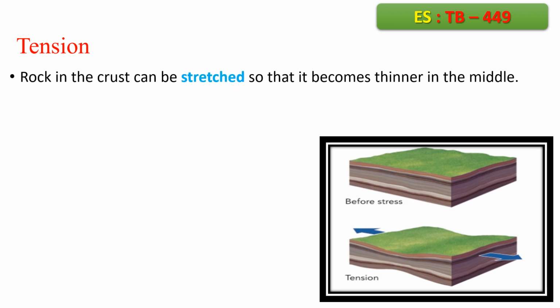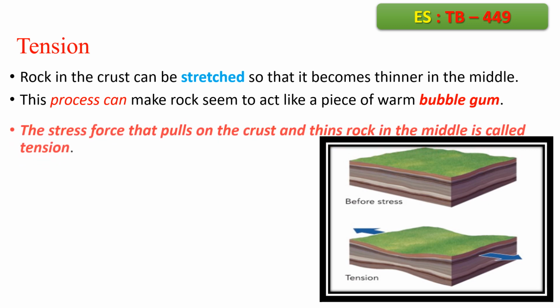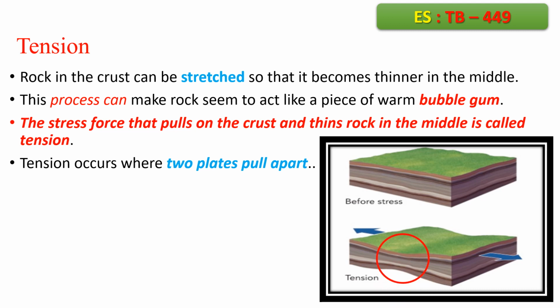Rock in the crust can be stretched so that it becomes thinner in the middle. This process can make rock act like a piece of warm bubble gum. The stress force that pulls on the crust and thins rock in the middle is called tension. Tension occurs where two plates pull apart.